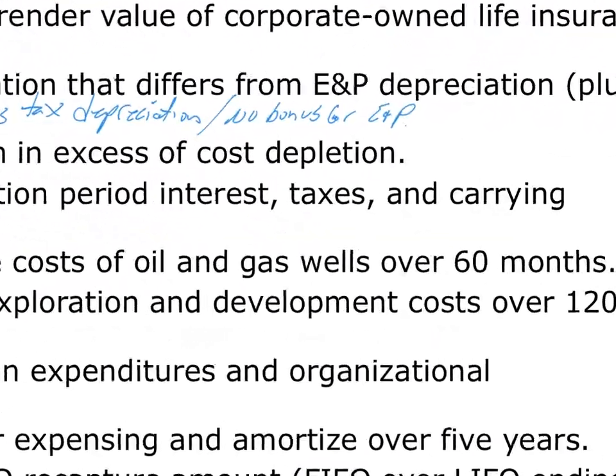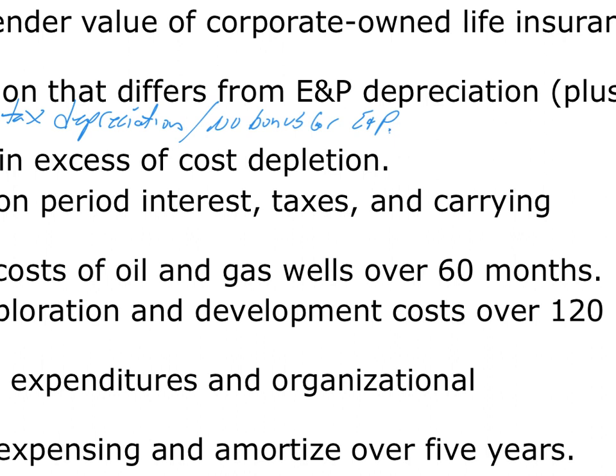Now, what about Section 179? So let's talk about Section 179 really quickly. So for E&P purposes, okay, Section 179 is deductible over 5 years. So what you're going to do is add it back in the year of Section 179, but subtract in subsequent years.